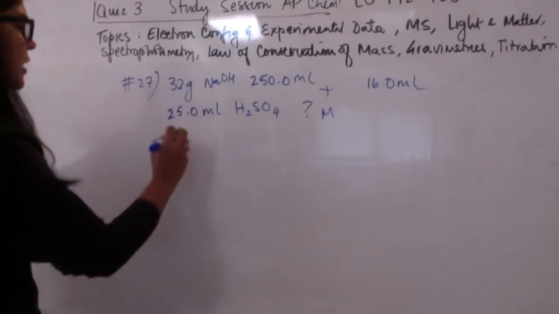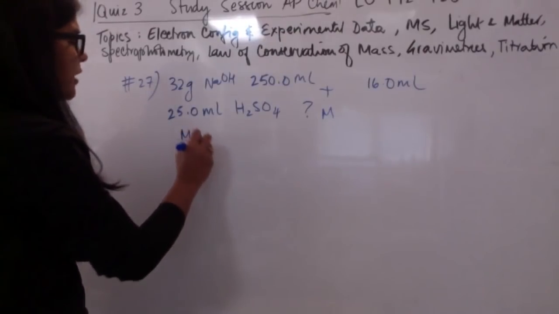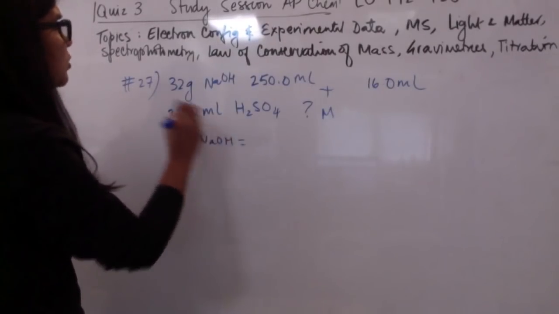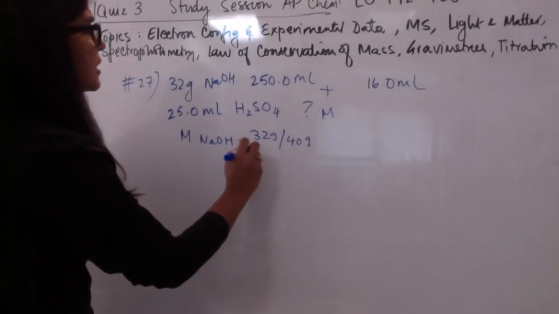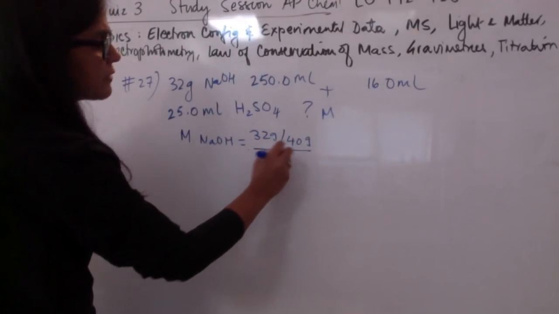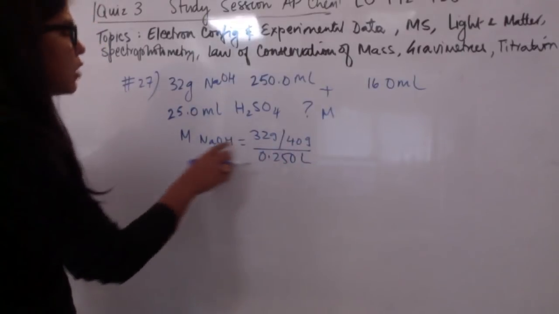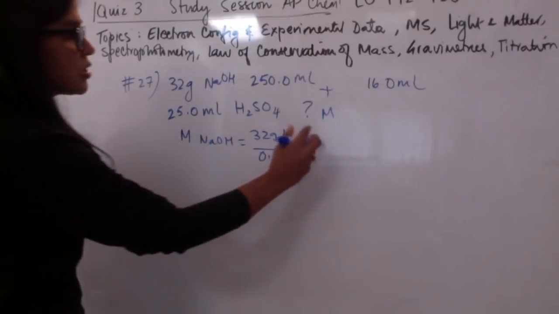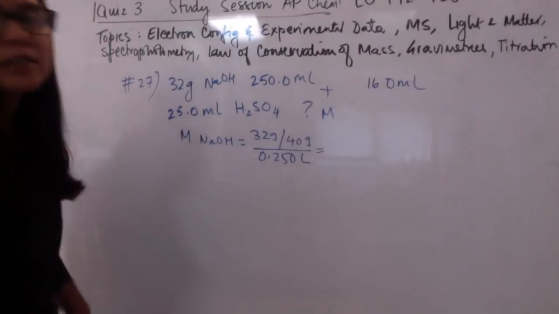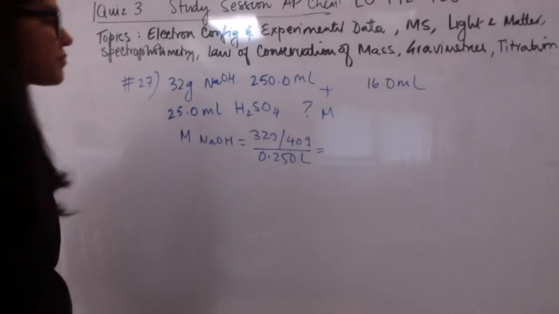So first things first, we need to figure out the molarity of NaOH. It's moles per liter. So 32 grams divided by 40 grams per mole, divided by 0.250 liters. Guys, remember, molarity is moles per liter. So if you're given the volume in mL, you must change it to liters. Someone do the math for me and tell me, what do you get?